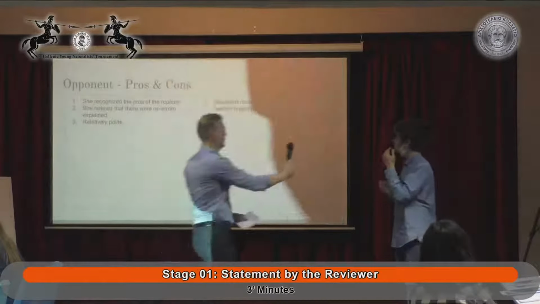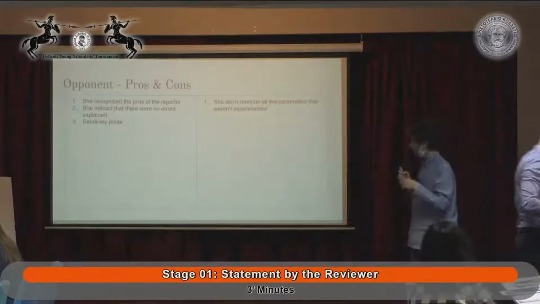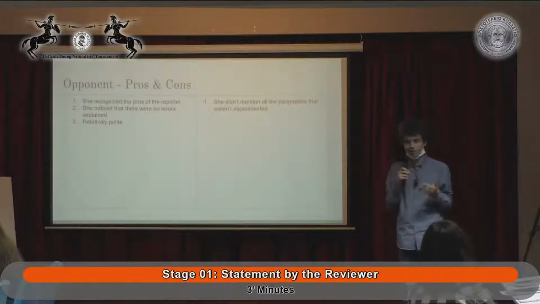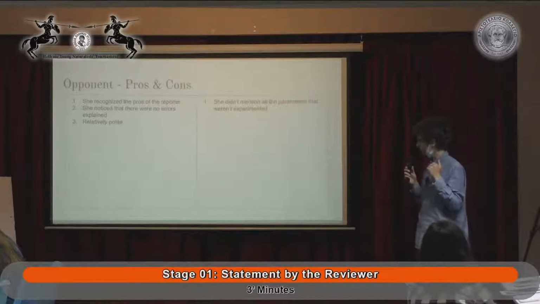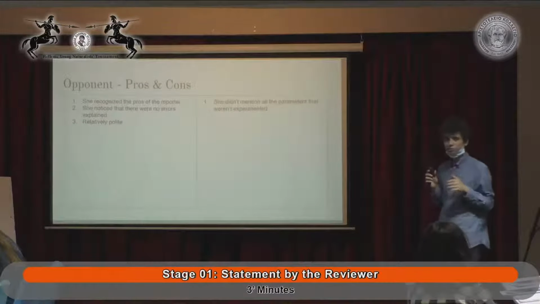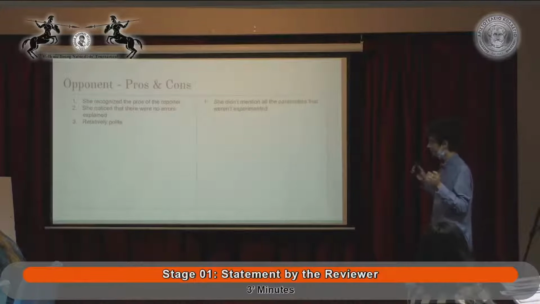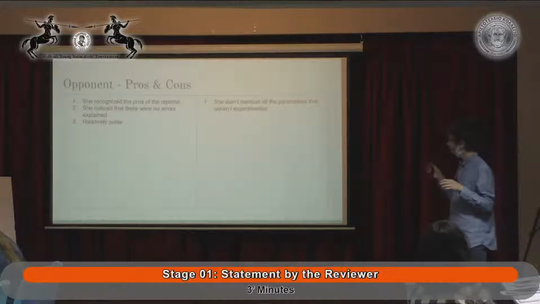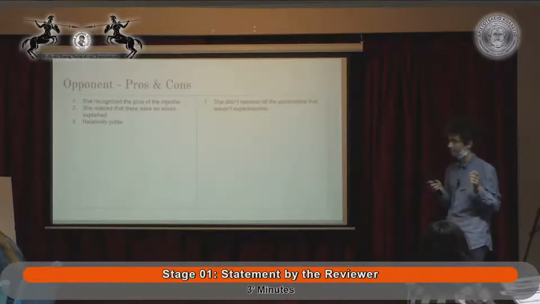The opponent recognized the pros of the reporter. She noticed that there were no errors explained, which is a good point, as we said. She was relatively polite, which is basically a pro, but could be a con as well. She didn't mention all the parameters that were experimented.